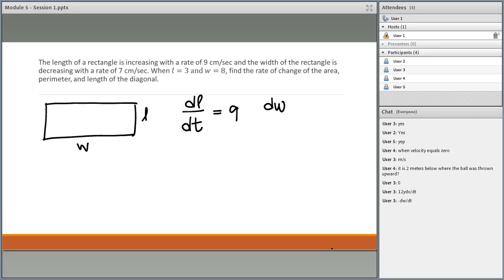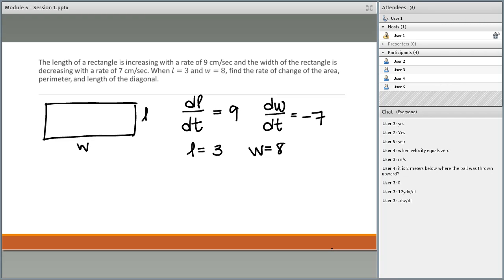So we know that dW/dt, and because we were told it's decreasing, is negative 7. Or negative dW/dt is okay too. So it's decreasing, which is why it's negative. And we were also told that L equals 3 and W equals 8.